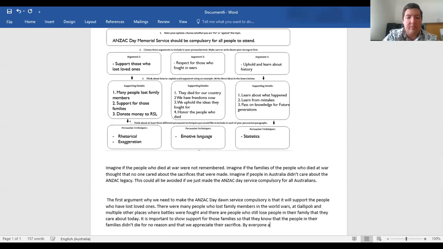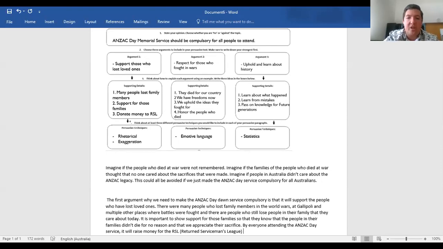By everyone attending the Anzac Day service, it will raise money for the RSL. I'm going to use brackets here. So the RSL, some of my readers may not know what the RSL is. So I'm going to say that it's the Returned Servicemen's League.